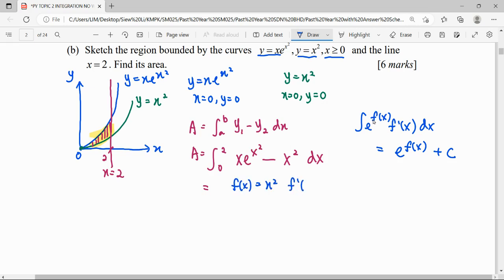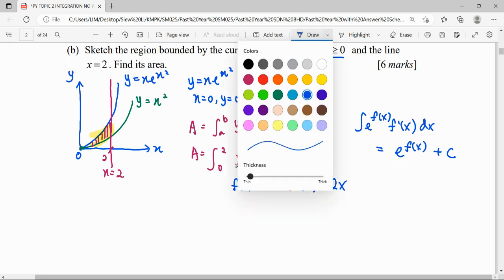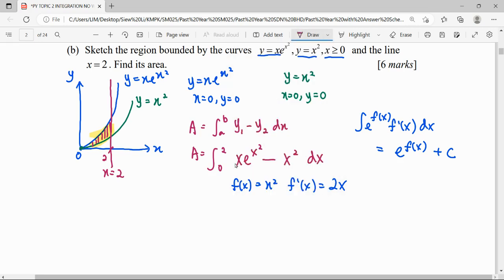And when we differentiate this x squared, it will be 2x. Notice that we have a pattern of this formula, where we are still lacking a coefficient of 2. So in order to integrate this, we have to get to the pattern first. We are going to multiply by 2 inside our formula.